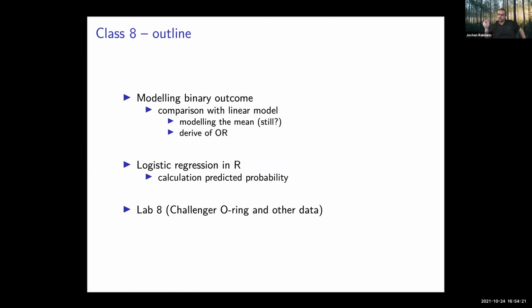And the question here still, yes, we are still modeling a mean, and you will see why. And this is essentially the fascinating bridge between linear and logistic regression as a regression method, very fascinating, and you will see why. So then we will be discussing the derivation of the odds ratio.